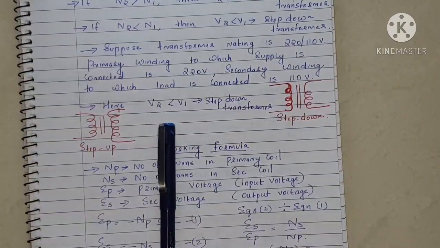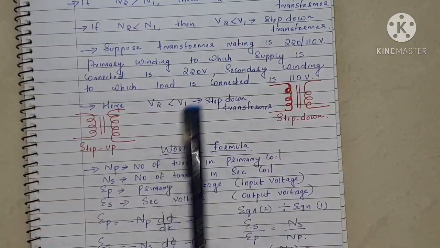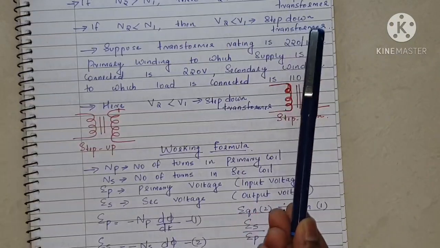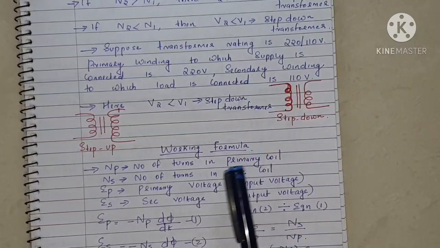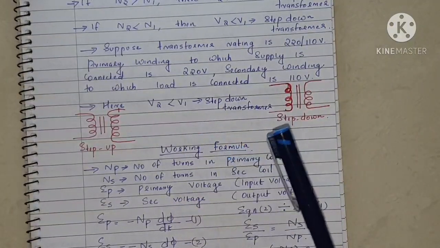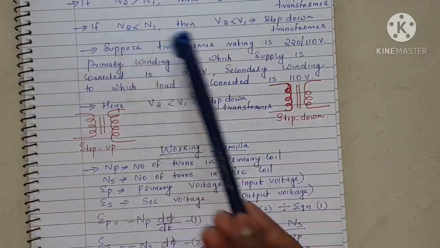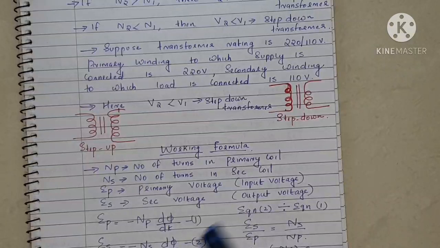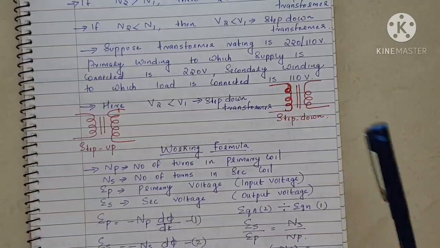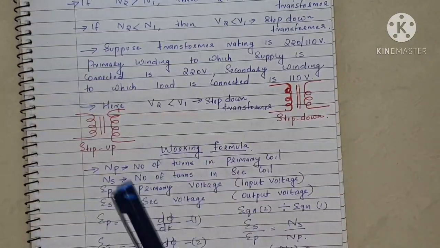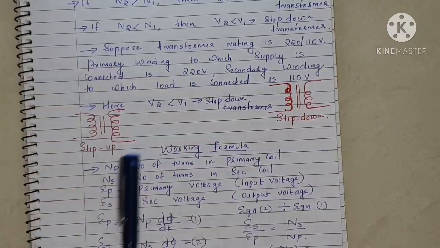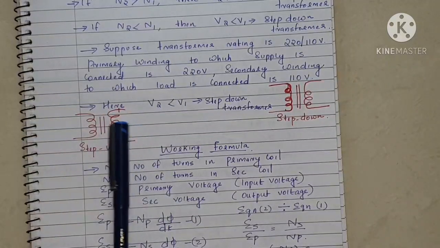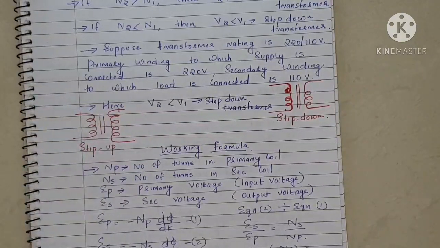That is, V2 is less than V1, which means it is a step-down transformer. V2 is less means N2 will also be less. So it is a step-down transformer. Turns will be less in the secondary. If it is a step-up transformer, it can be represented like this. That is, turns will be more in the secondary.